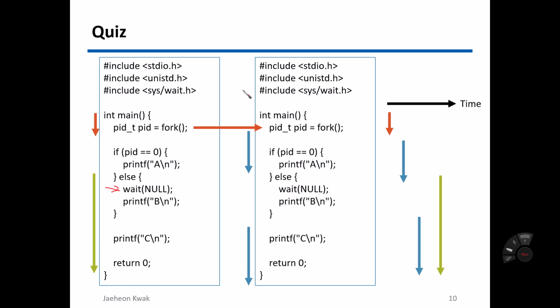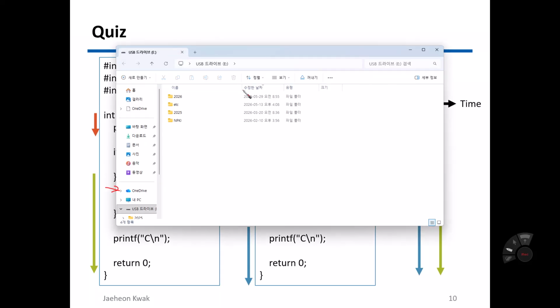So I will show you some materials. So the question was, if the parent process uses multiple fork functions, then how does the wait function work? The question was that.